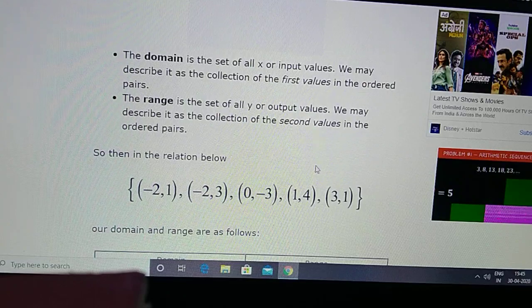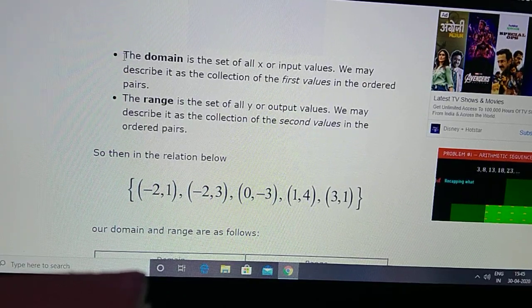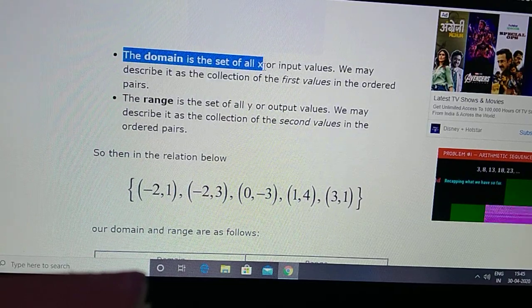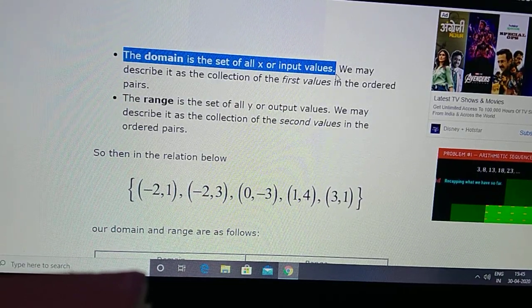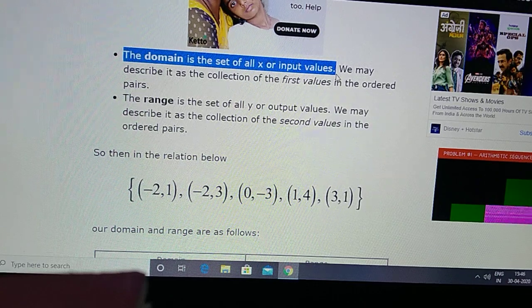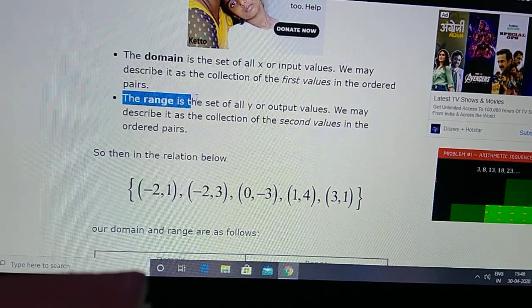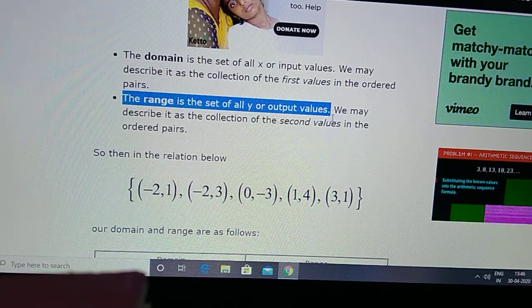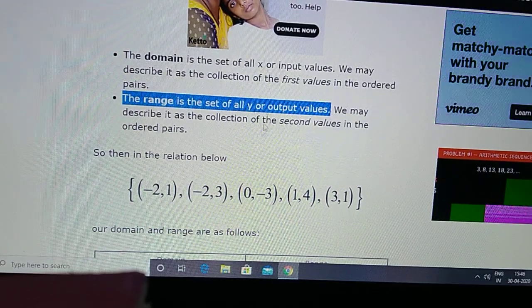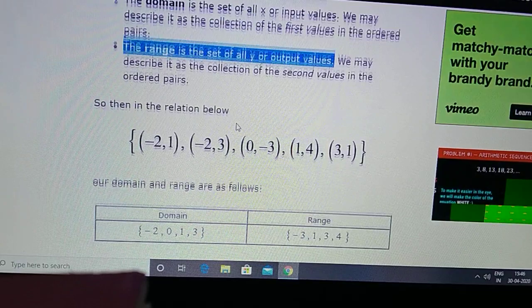Let's move ahead and see the definition of the domain. The domain is the set of all x or input values. Similarly, the range is the set of all y or output values. The same example is written here.